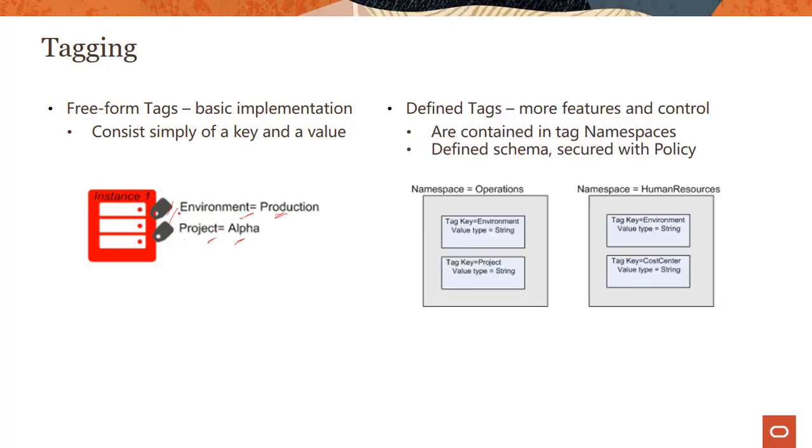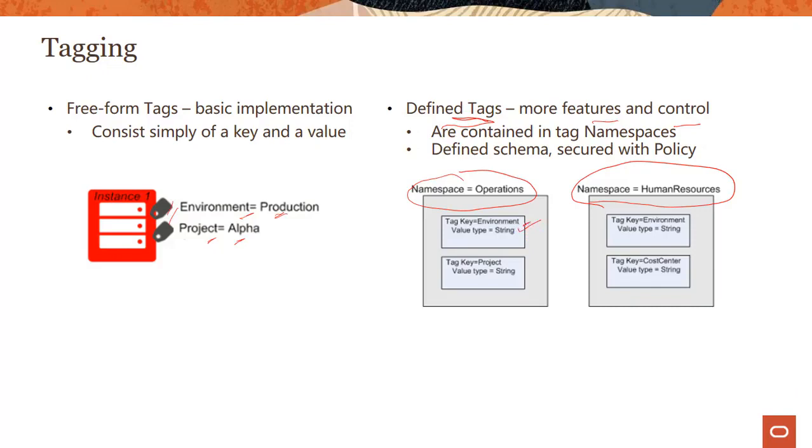Now with OCI, there's a differentiated feature which is called defined tags, and this gives you more features, more control, and let's see how it's implemented. The first thing you do is you have this concept of namespaces. You have a namespace here which says operations, you have a namespace here which says human resources, and within the namespace you have sort of a schema where you can define your tag keys.